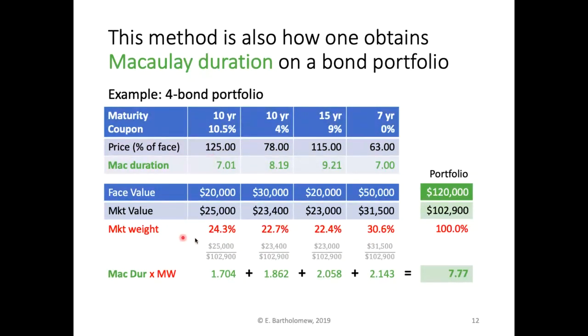We're using the same market value weights as we calculated before because that doesn't change, but now we're using the Macaulay duration instead of the modified duration, and we get the contribution for each of the bonds, sum them up, and in this case we get 7.77, which, as expected, is a little bit above the modified duration of the portfolio.